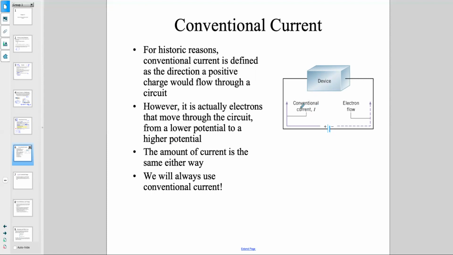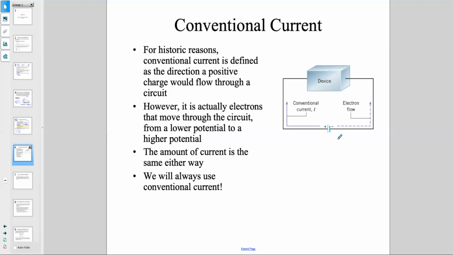This is called conventional current. But the electron flow, or the actual current, is from negative to positive. It is actually electrons that move through the circuit from a lower potential to a higher potential, because we know that electrons are free. They can move from one atom to another, but protons that are positive are fixed. They are inside atoms and the atoms are fixed.